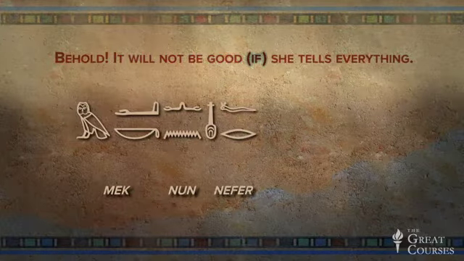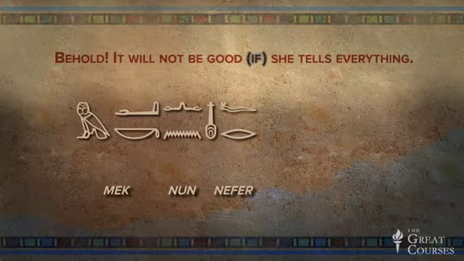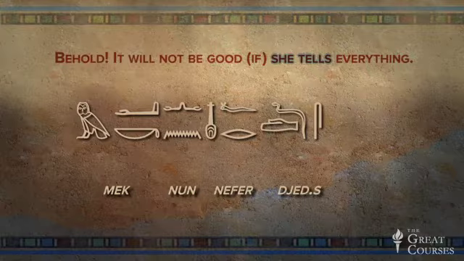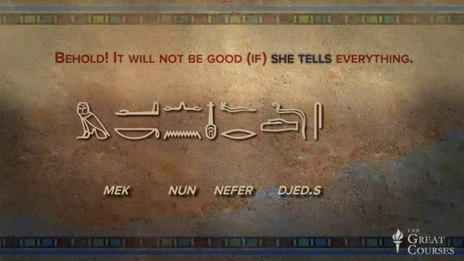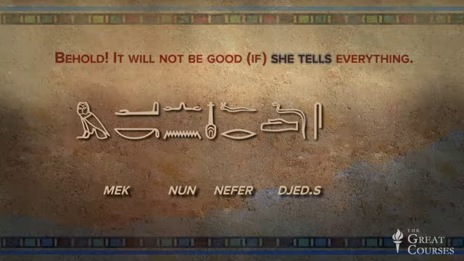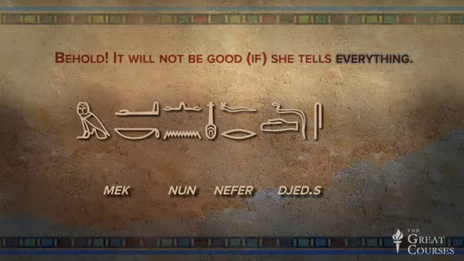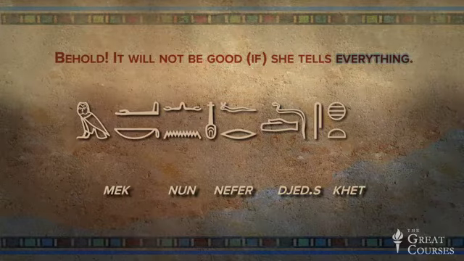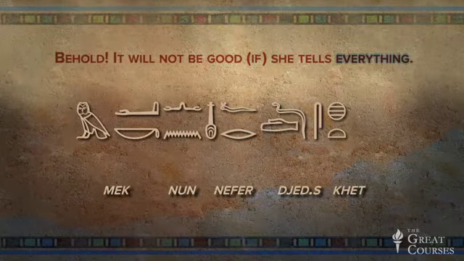The if is understood. So next is she tells. That's say or speak, dejed, with the folded cloth suffix pronoun attached to it. Now we need everything. Thing is chet, and the adjective all or every follows the noun.